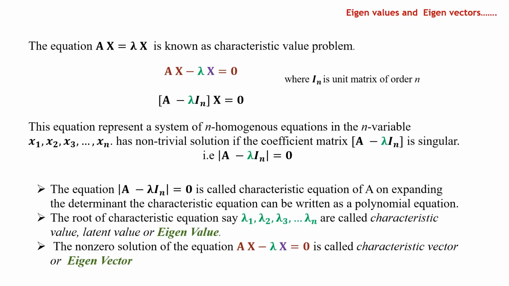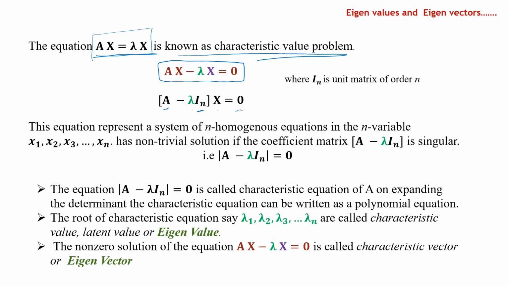The equation Ax is equal to lambda x is known as the characteristic value problem. Then we write Ax minus lambda x is equal to 0, or taking x as common, we write (A minus lambda I)x is equal to 0.